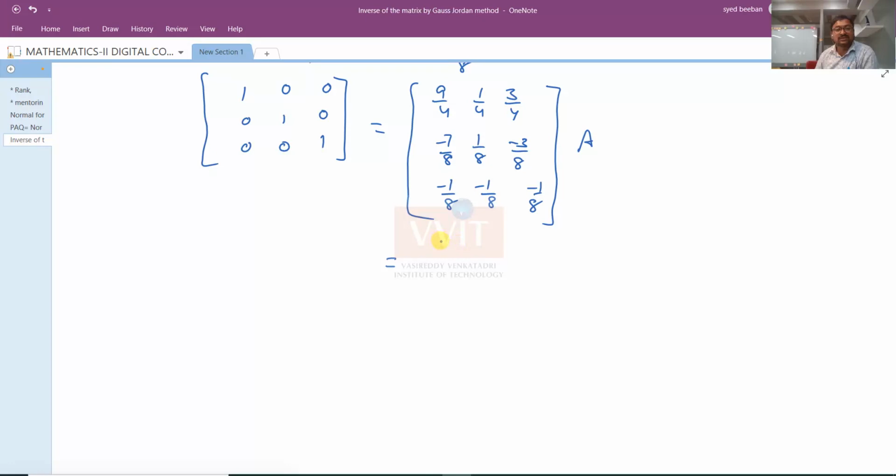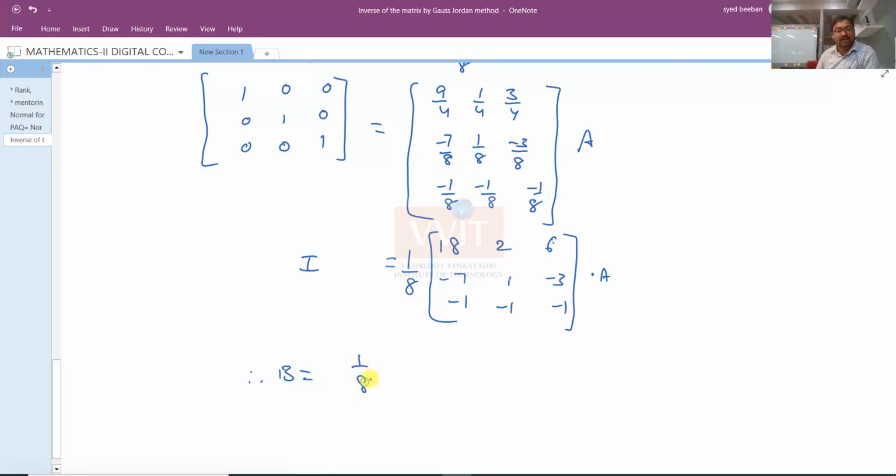In that case: 18, 2, 6, minus 7, 1, minus 3, minus 1, minus 1, minus 1, times 1 by 8, times A. This is I. So therefore, inverse of matrix B equals 1 by 8 times 18, 2, 6, minus 7, 1, minus 3, minus 1, minus 1, minus 1. Guys, this is minus 1.